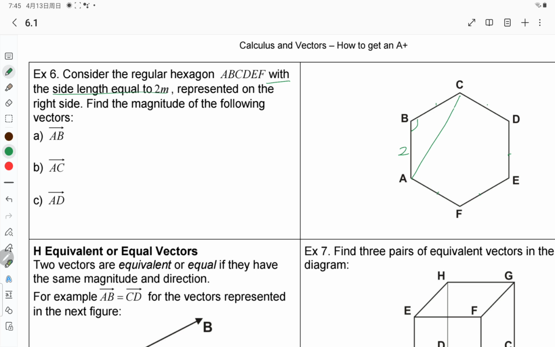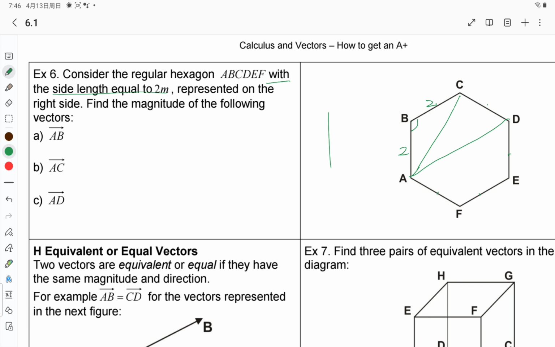Because it's also asking AD, I'm just going to connect AD. So if I'm going to know AC, but it's good that I already know BC.